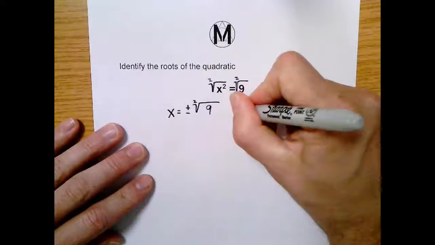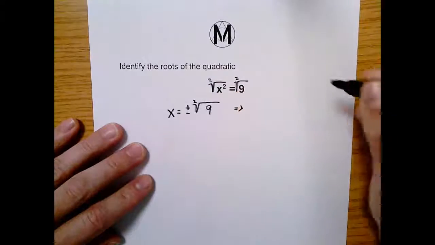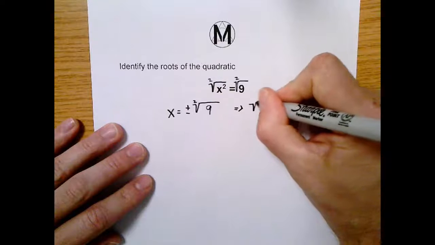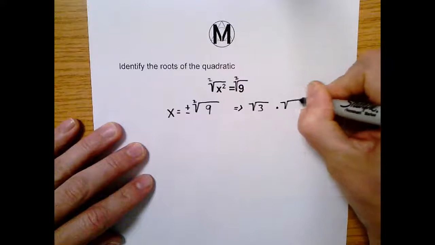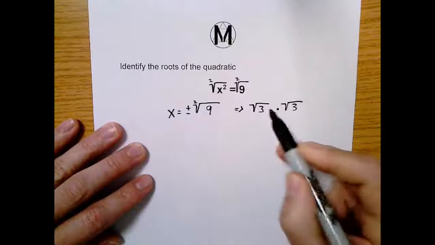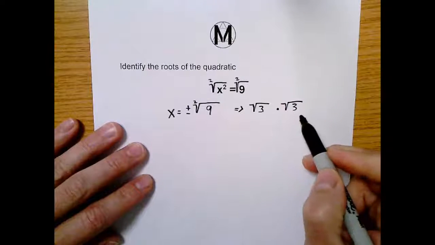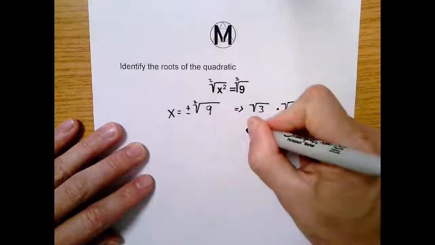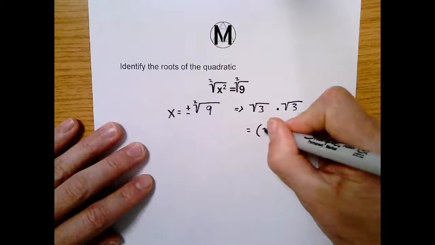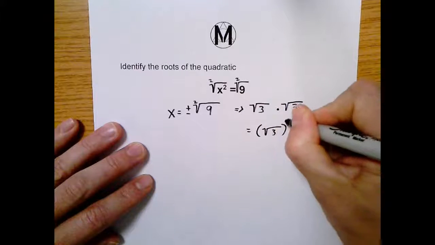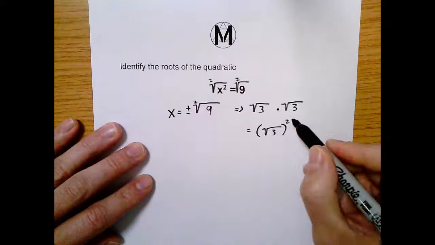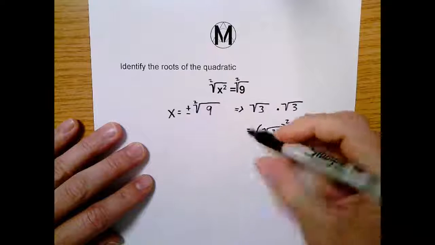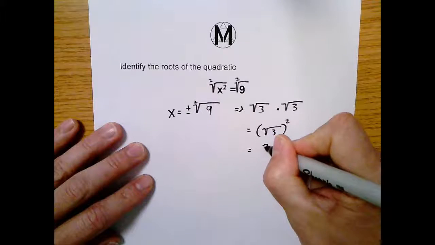The square root of 9 is actually the same as the square root of 3 times the square root of 3. And so that's the same thing twice. That's the same as saying the square root of 3 squared, okay? And we know a square root and a square cancel, and that's actually why we get the answer 3.